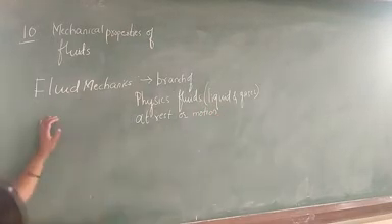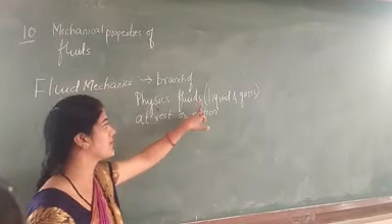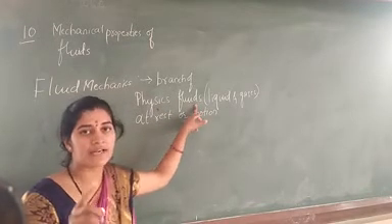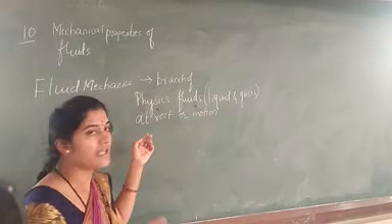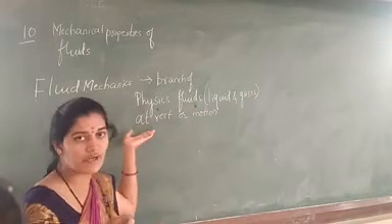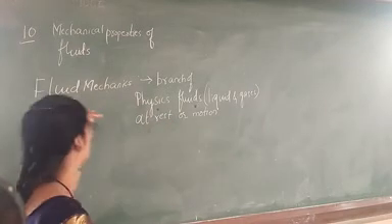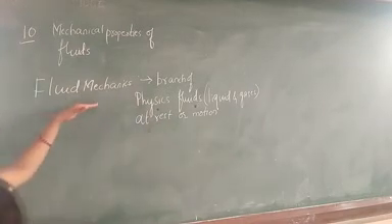Fluid mechanics can be defined as a branch of physics which deals with the study of the fluid. Fluid means we are including liquid and gases. If the liquid and gases are at a rest point or in motion, then we can call it fluid mechanics.